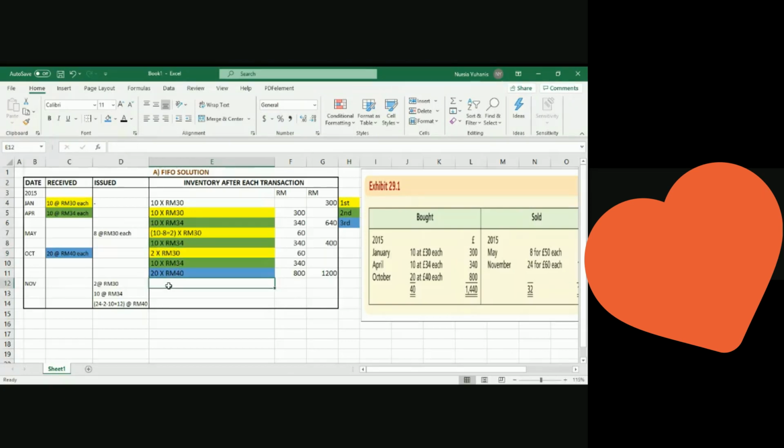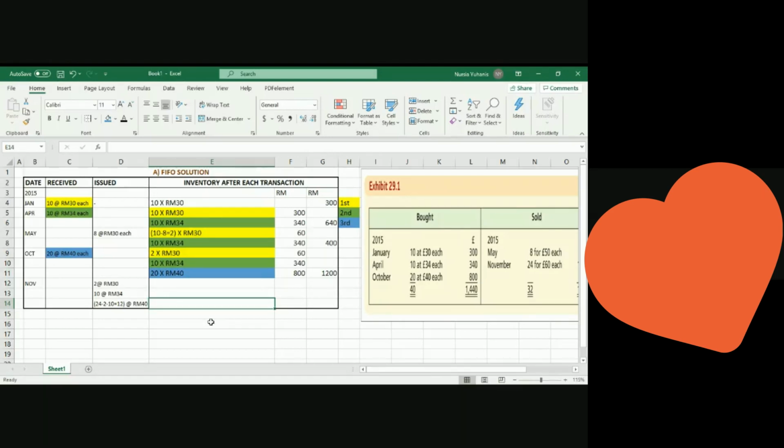No. The green one? No. The blue one? Yes. How much is the balance?